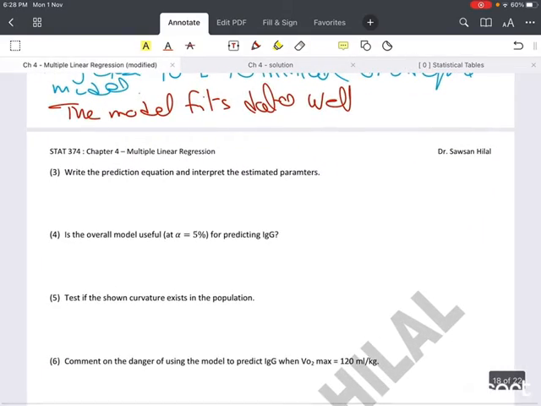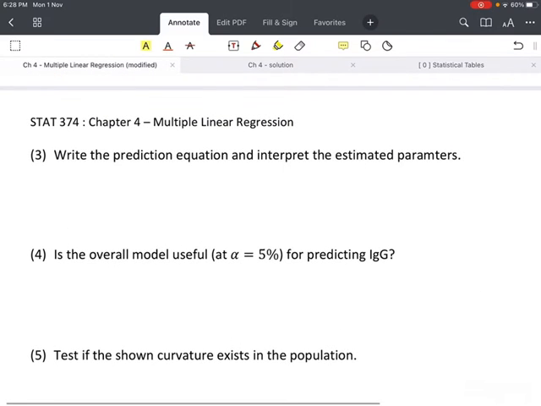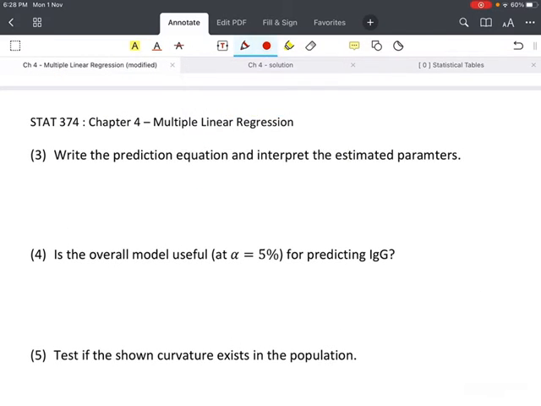Then for 3, write the prediction equation and interpret the estimated parameters. فهني يبيني أكتب شنو؟ يبيني أكتب المعادلة prediction equation اللي هي المعادلة الموديل. Then interpret the estimated parameters.